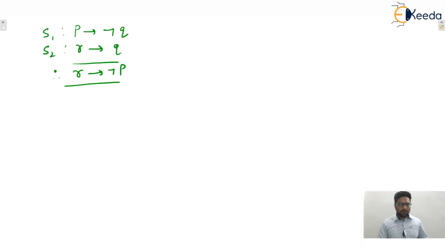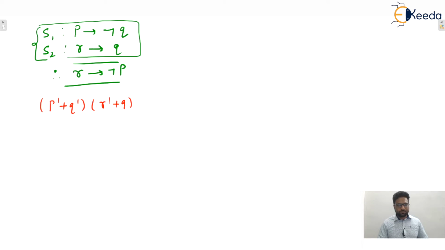We can say that the conjunction of all these premises implies the conclusion is a tautology or not. If it is a tautology, then it is a valid argument. S1 can be written as P dash plus Q dash, S2 as R dash plus Q, and the conclusion is R dash plus P dash.